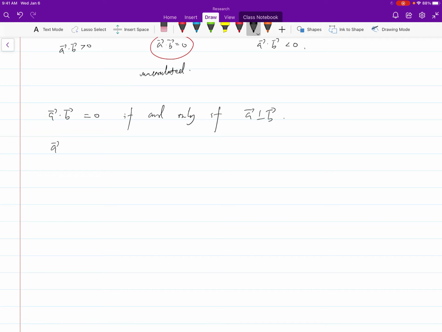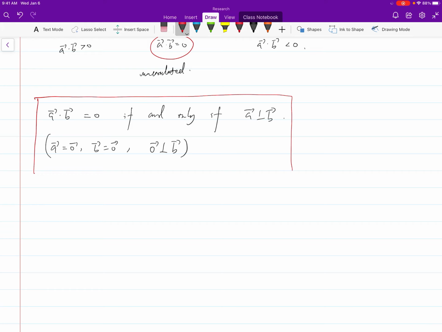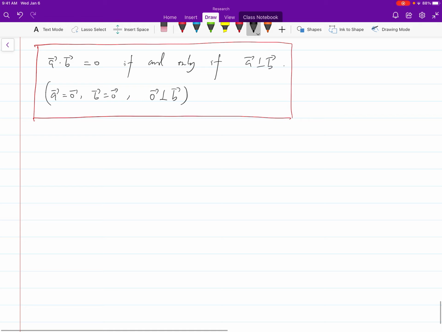There is another possibility that A may be 0 or B may be 0. But if we just say 0 is perpendicular to any vector, then this statement is no trouble. Even if you have a zero vector, it's still perpendicular. That is a very important property to have because perpendicularity is very, very important. I will show you some examples, which is fantastic.